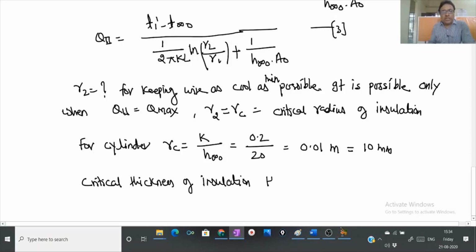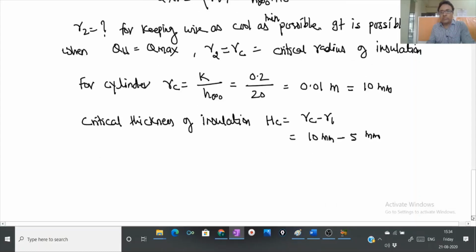So the critical thickness of insulation is nothing but RC minus R1. RC is 10 mm, R1 is 5 mm. So the critical thickness of insulation is nothing but 5 mm.